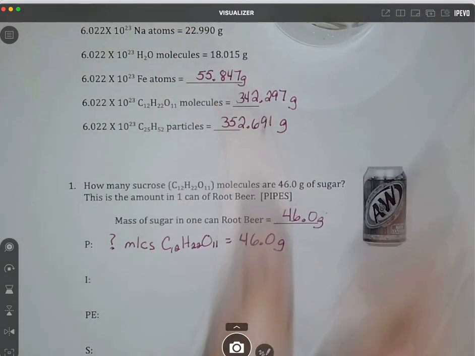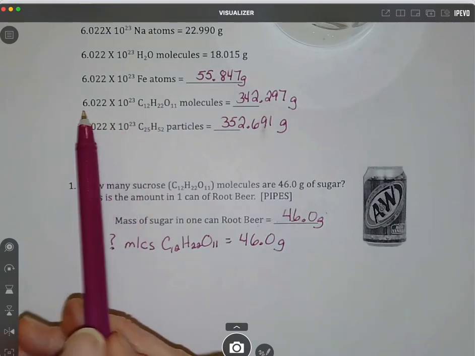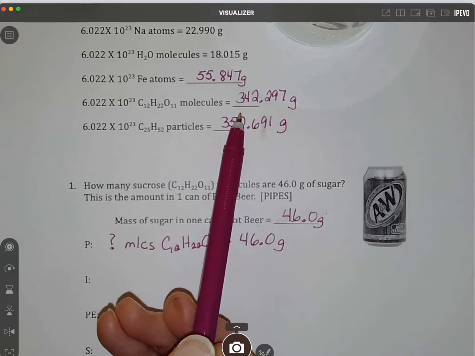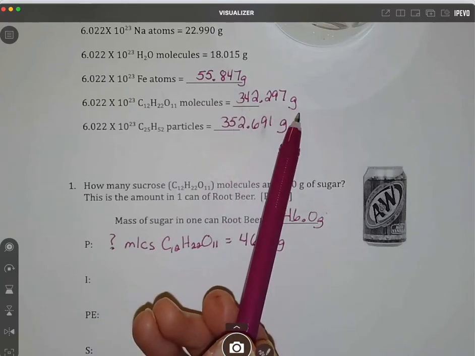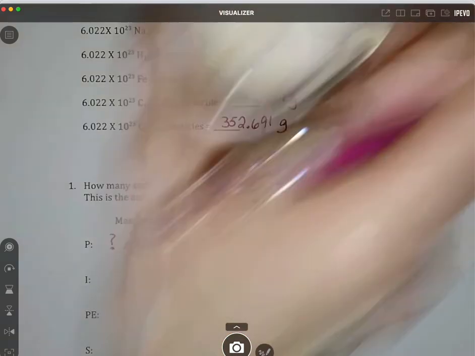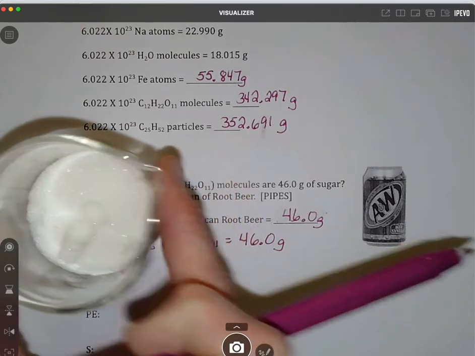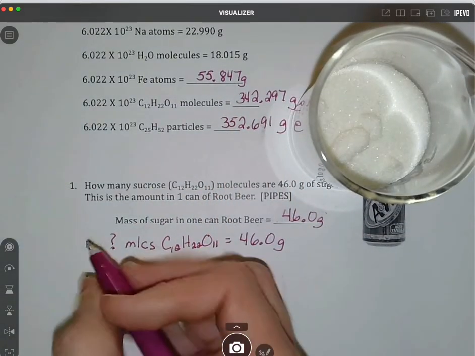What I know from up above is that Avogadro's number of sugar molecules weigh 342.297 grams. So, do I have Avogadro's number in my beaker? No. That would be a lot of sugar. That would be 342 grams. So I have fewer than Avogadro's number worth of sugar particles, but I probably still have plenty.